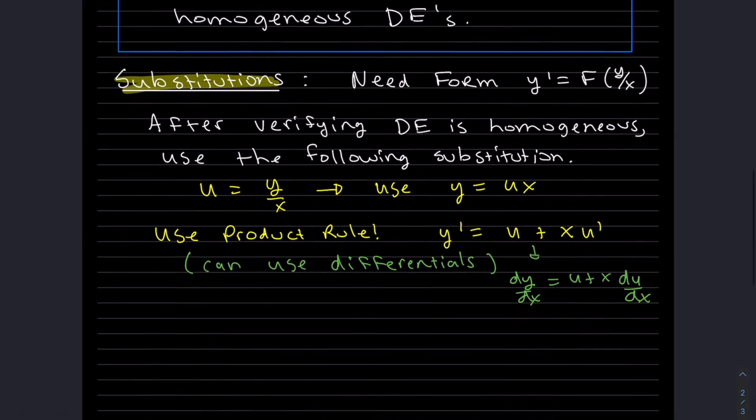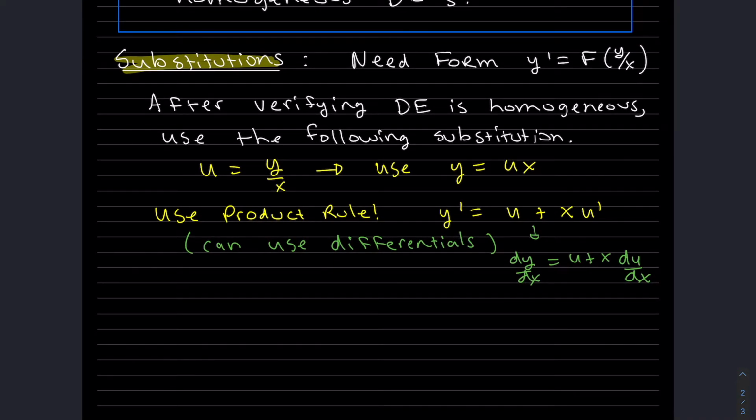And then we can just clear the fraction. So clear out dx, and so we get dy equals u dx plus x du. So this is our alternate method.